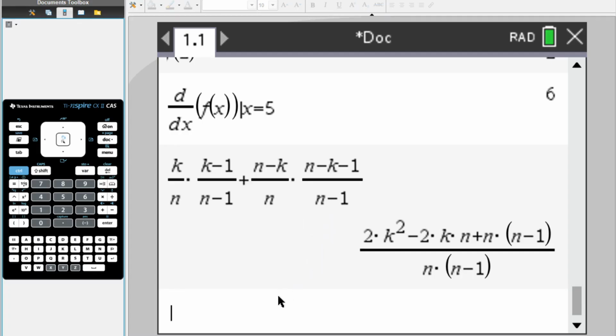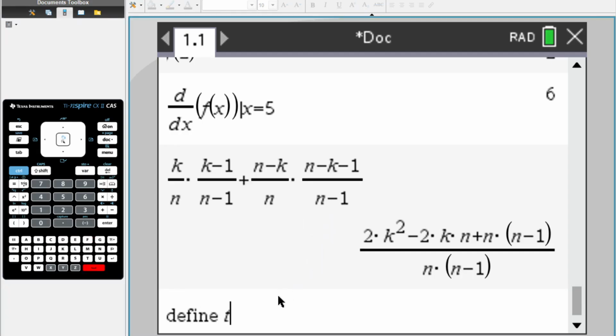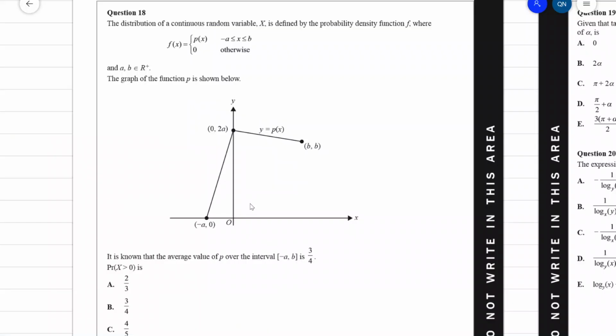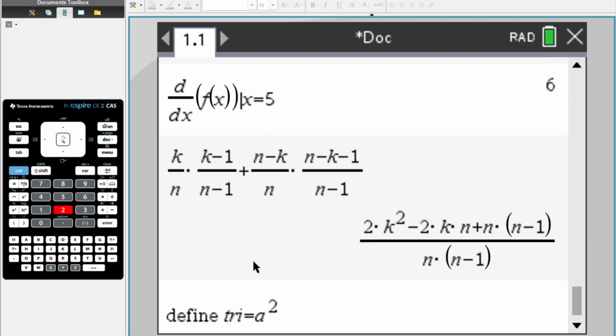So let's do that. Let's define tri to be equal to the triangle area. What's the triangle area? It's a half times base times height. So the base is a, the height is 2a, and we're dividing it by 2, that should just be a squared, I believe. So I'll just do a squared.